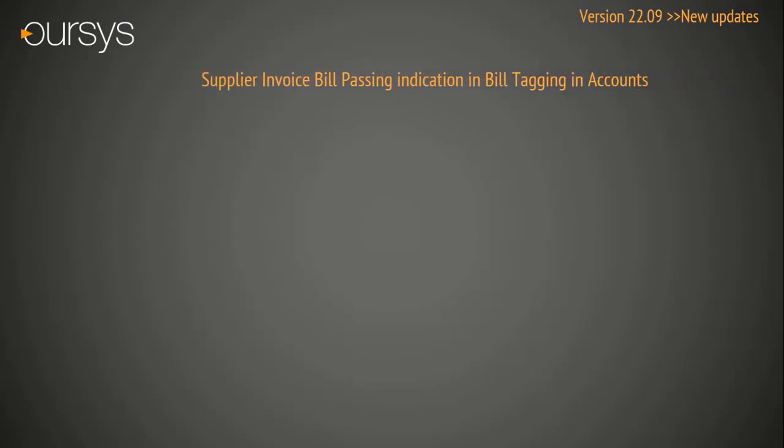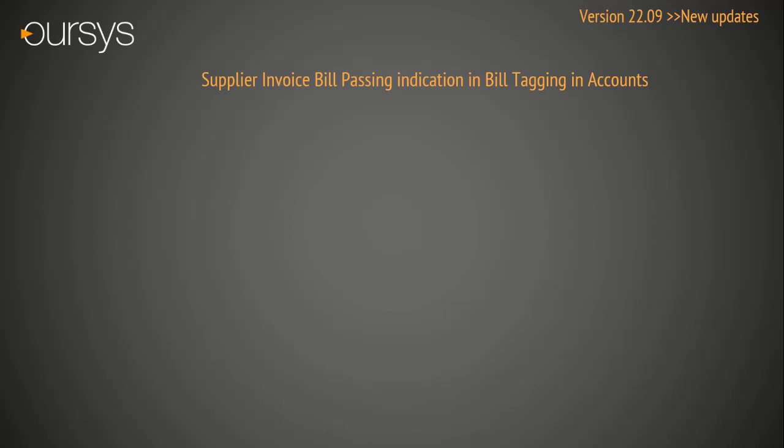We have added supplier invoice bill passing indication in bill tagging in accounts. This feature is very useful for the account department. At the time of payment, the account department is not able to identify whether that purchase voucher has been passed or not. Also, they are not able to know whether a debit amount is involved in bill passing or not.